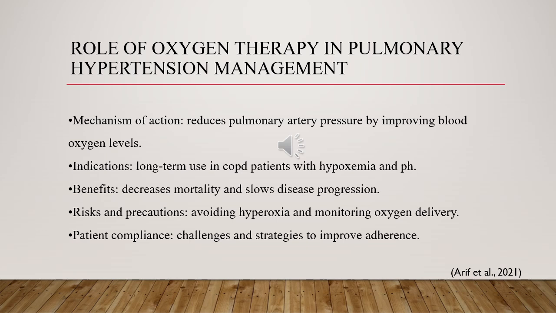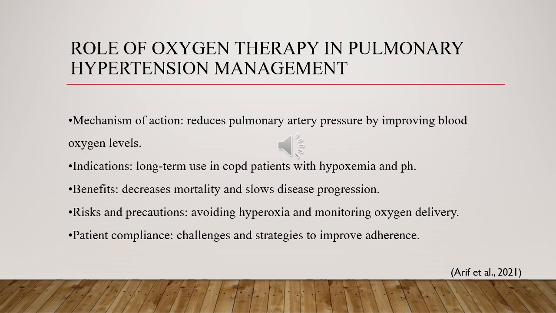Oxygen therapy plays a critical role in managing pulmonary hypertension in patients with COPD. The therapy works by correcting chronic hypoxemia, a key driver of pulmonary vasoconstriction and elevated pulmonary artery pressure. By improving arterial oxygen saturation, oxygen therapy helps to reduce the vascular resistance within the pulmonary arteries, thereby decreasing the load on the right ventricle and slowing the progression of pulmonary hypertension.